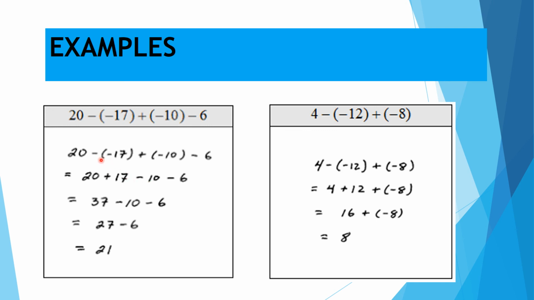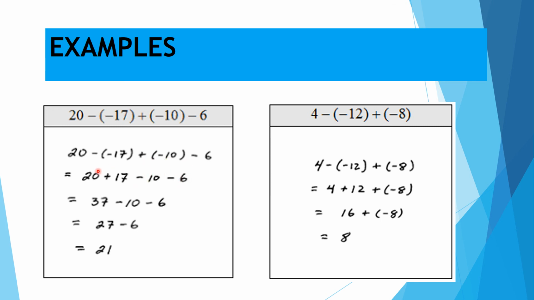Two same signs, minus minus, take a positive sign, and different signs, minus plus, take a minus sign. And you open the bracket also. See, minus minus, you open the bracket, plus, and plus minus, minus, and minus 6.